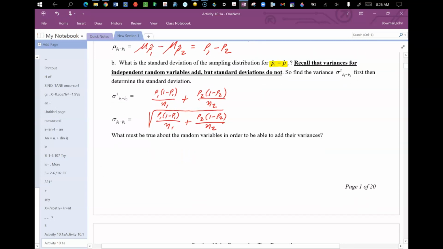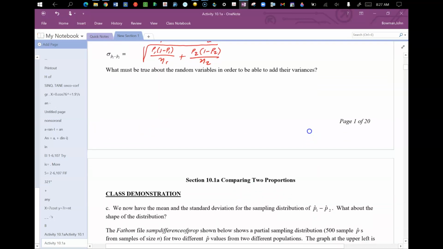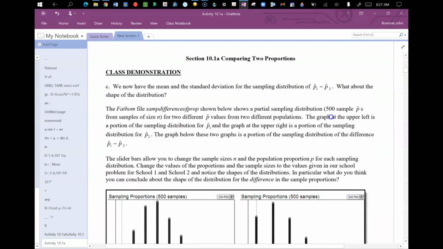What must be true about the random variables in order to be able to add their variances? They must be independent. So now, like we have in the past, we know the mean of the sampling distribution, we know the standard deviation of the sampling distribution, and if the sampling distribution is approximately normal, we can do normal calculations.